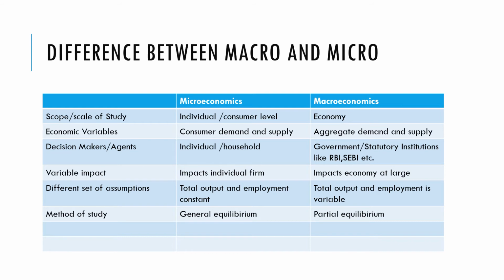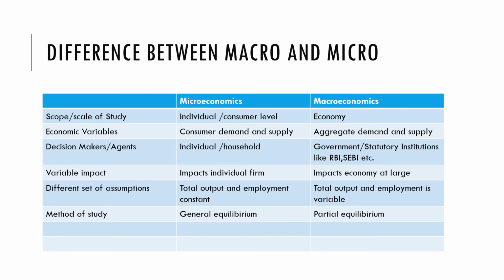Whereas in case of macroeconomics, it is government and statutory institutions that are the decision makers. Variable impact. Here the impact is on individual firms, whereas in macroeconomics, the impacts happen at a large scale, at the level of economy. Different set of assumptions.